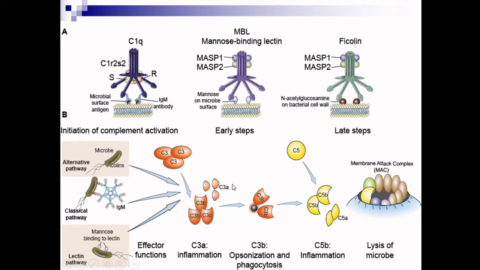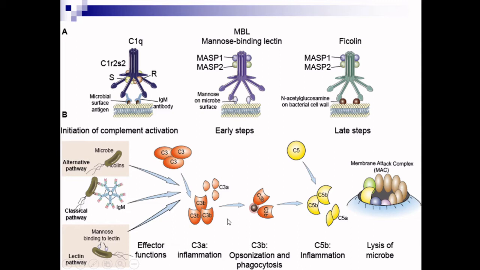The parts which do not follow the path in the reaction are called anaphylatoxins, and they also carry out important functions like inflammation. So this is the basic information that I could give you about complement.